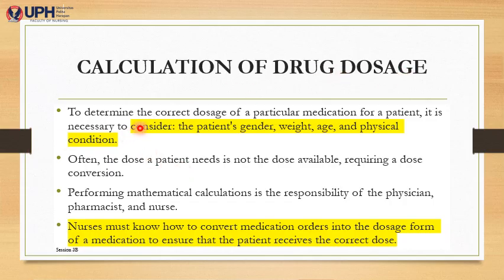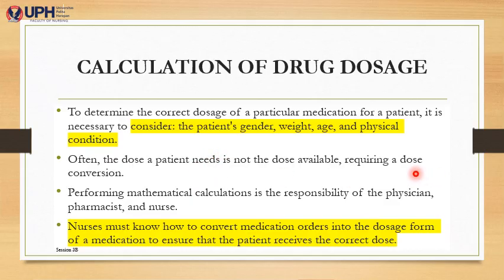Because we need to determine the correct dosage for a patient and necessary to consider the patient's gender, weight, age, physical condition, and as well as we sometimes when we are doing the calculations of the drug dosage, we do not have the exact dose for the patient needs or the required dose.